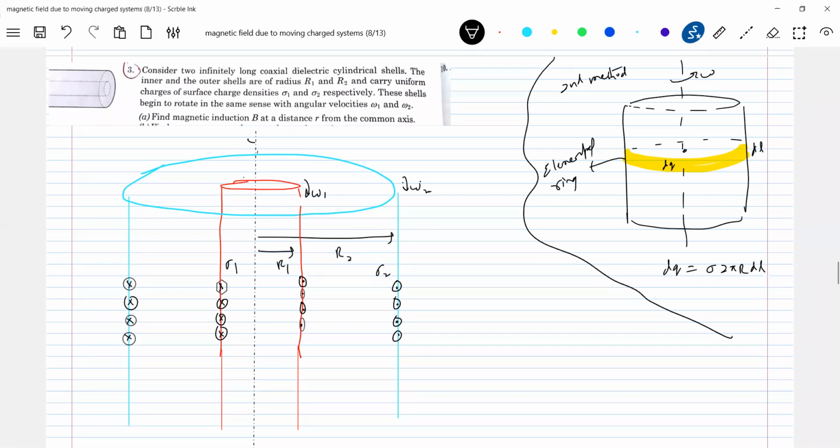And nearby that, show the B bar. I'll call this B1, no? This is B2. This is B1.